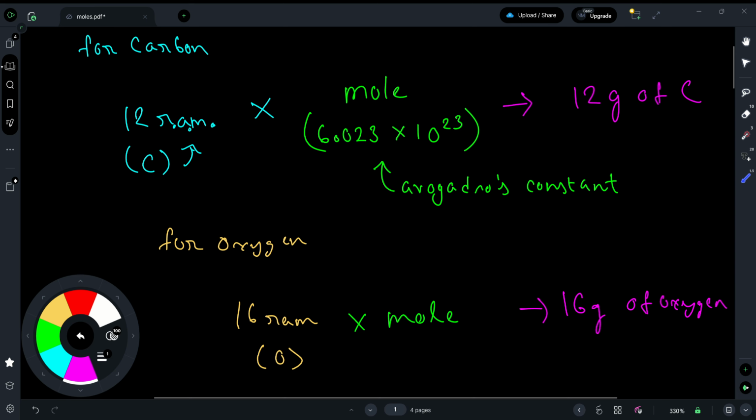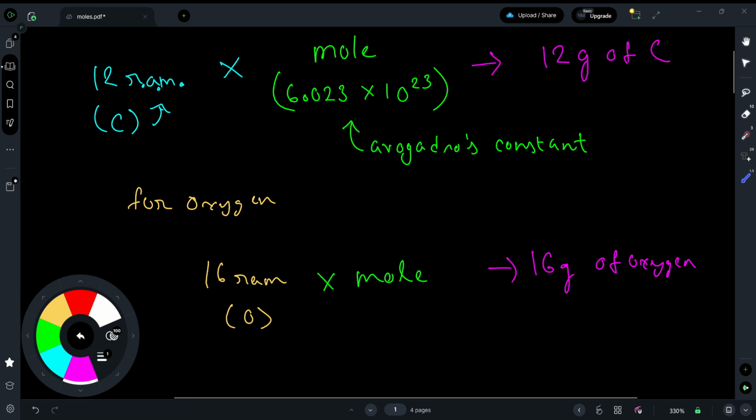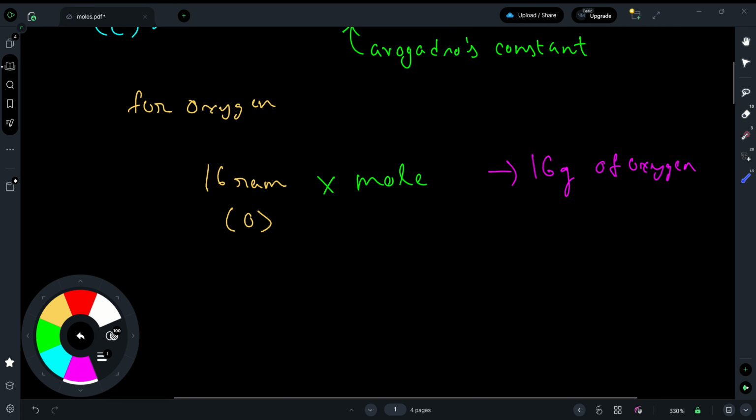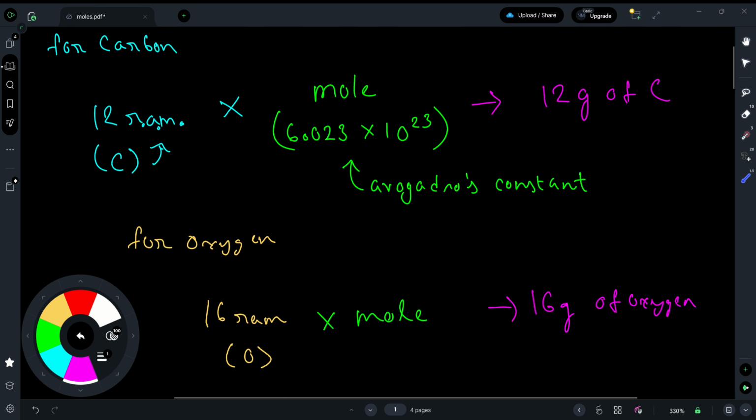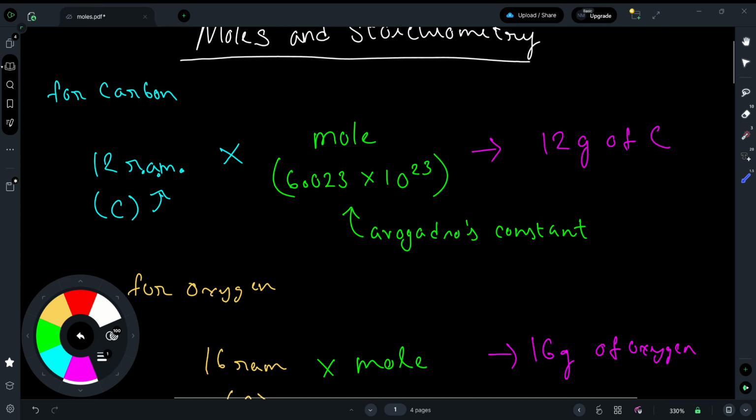So through this, we can derive a formula for the molar mass, okay? Just see this. We know the mass number of oxygen is 16, the mass number of carbon is 12. What if we were to isolate this? This is a mathematical formula, isn't it?